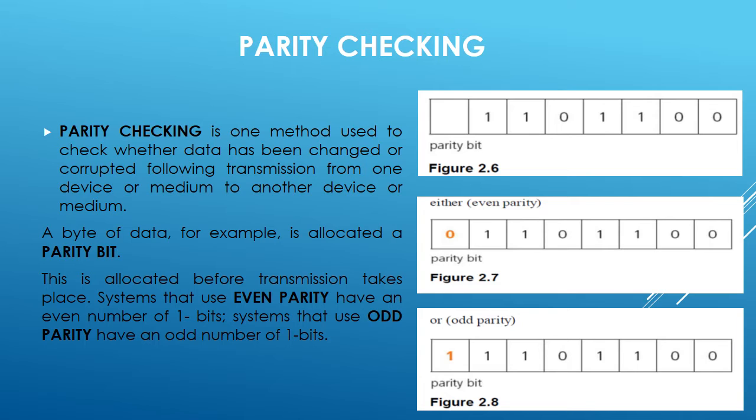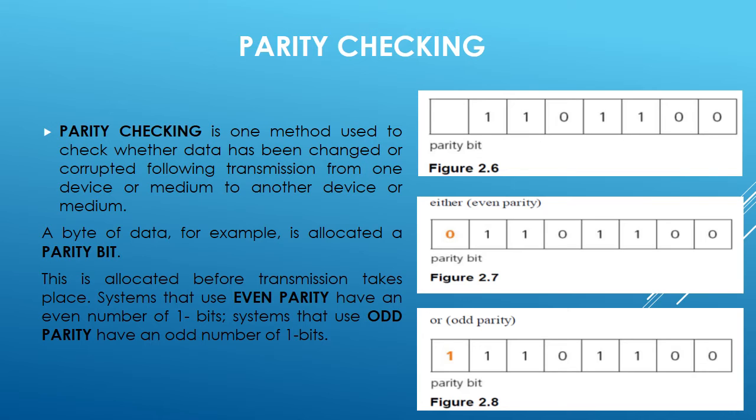The number of ones needs to be even. If there are 2 ones, 4 ones, 6 ones, or 8 ones, in that case you will be setting the parity bit as 0, because you do not need to make the number of ones even. They are already in even form. So you will be adding the parity bit as 0.